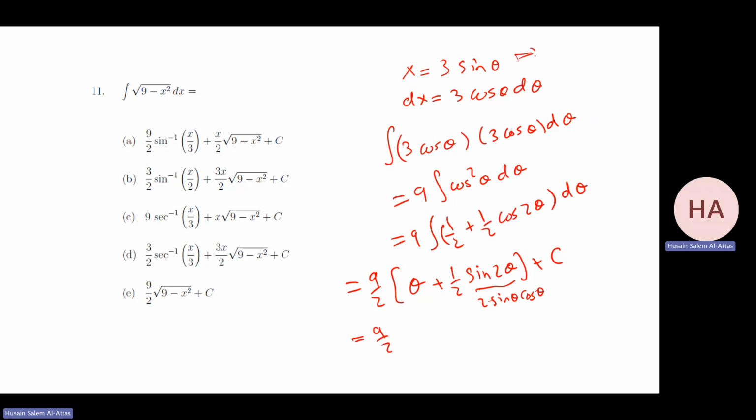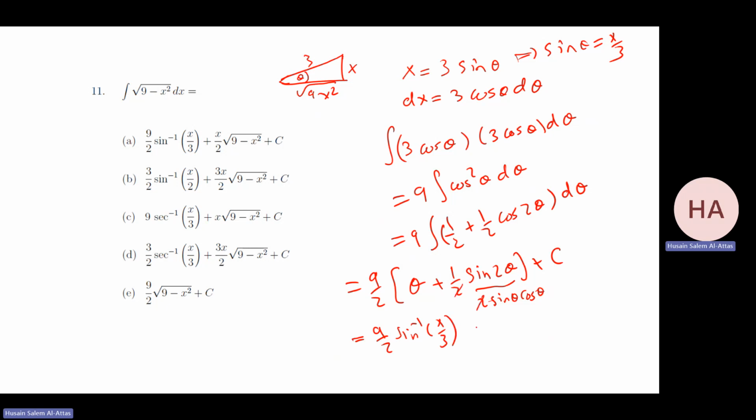Theta is what? Sine is x over 3, onto the triangle. That will be theta, that's x over 3, and square root of 9 minus x squared. Theta will be sine inverse x over 3.